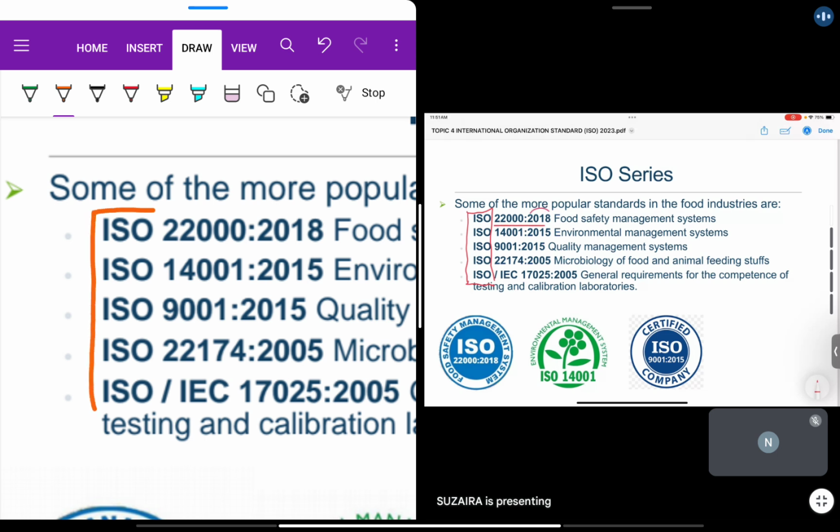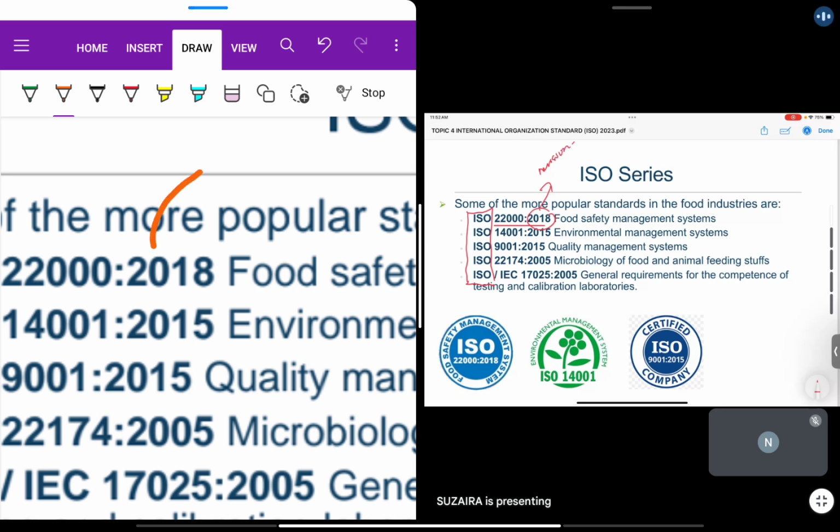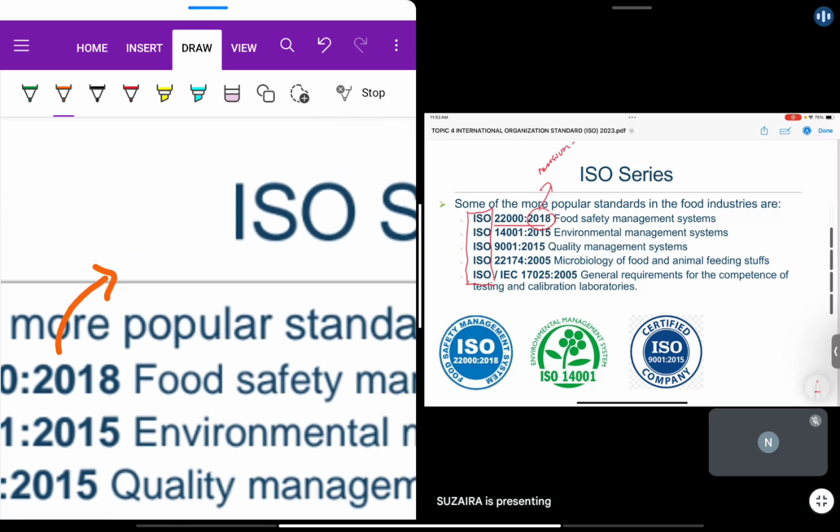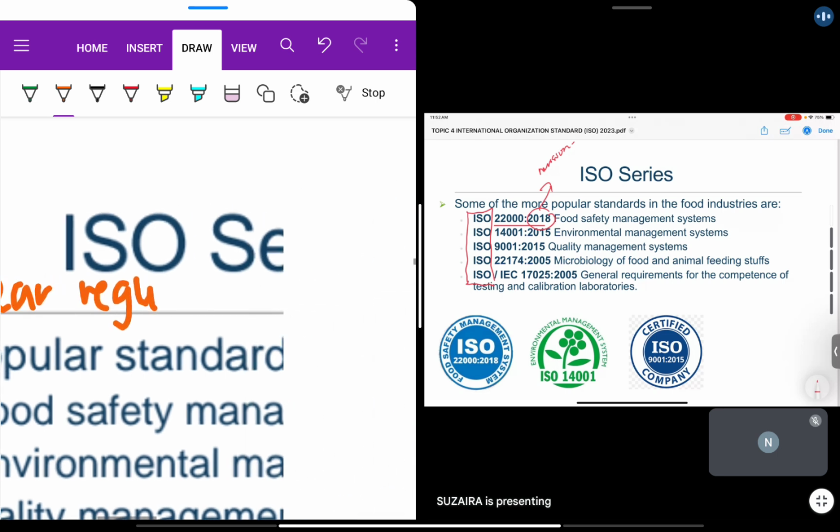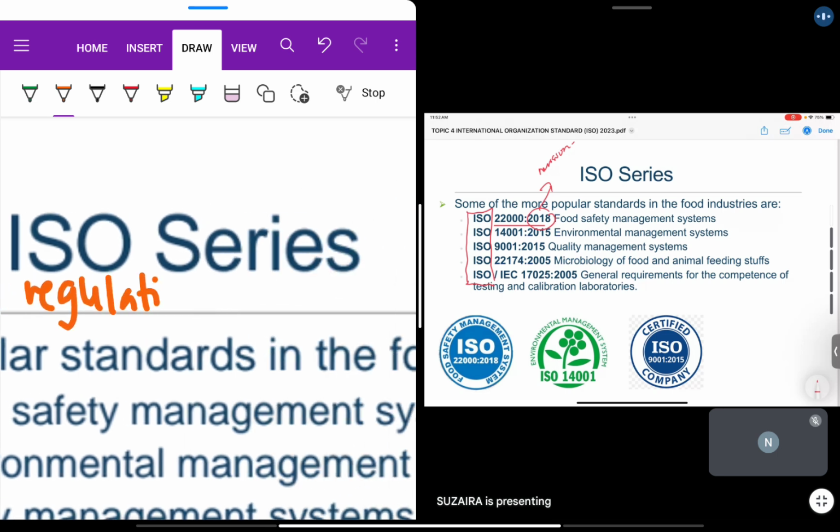2018, this is the year of the revision we made. Usually the published year for this standard will be another 1.5 or 2 years after.